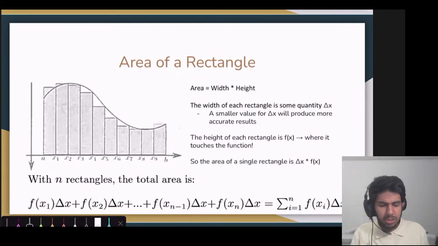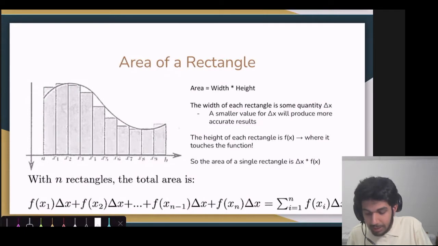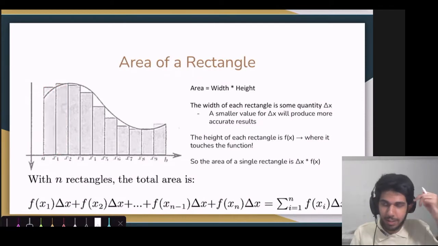And we'll just say that the width of each rectangle is some quantity delta x, and a smaller value for delta x will produce more accurate results. So that's just taking a bunch of these rectangles and making them thinner. So that would be like here, right? Something like here, here, I don't know, just like making them thinner and thinner, right?